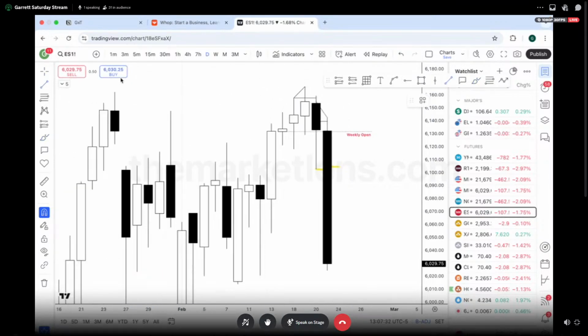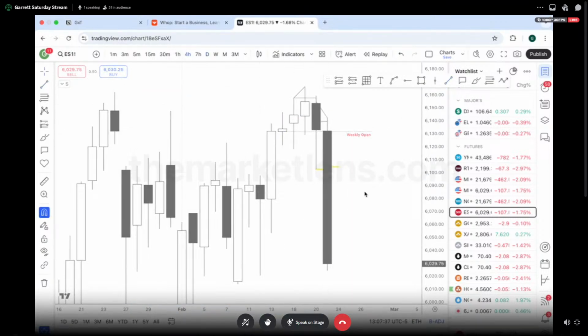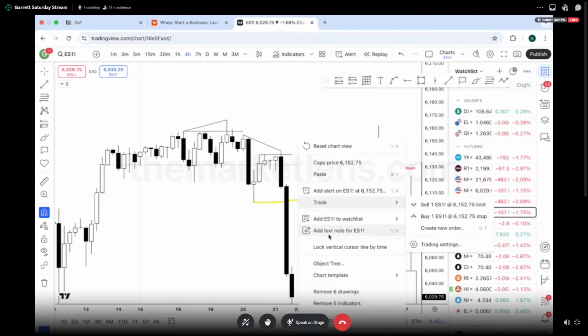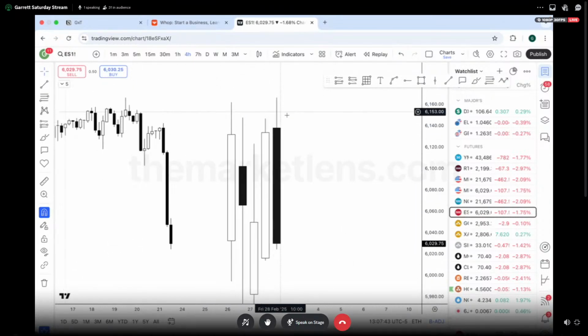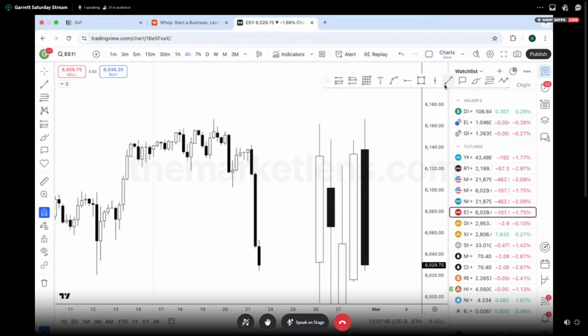And here's that relevant swing right here that we took out. But that's just some stuff there. Here's that small wick, and it would look something like this, where we have this opposing close candle here. We have the SMT from the high of the week.